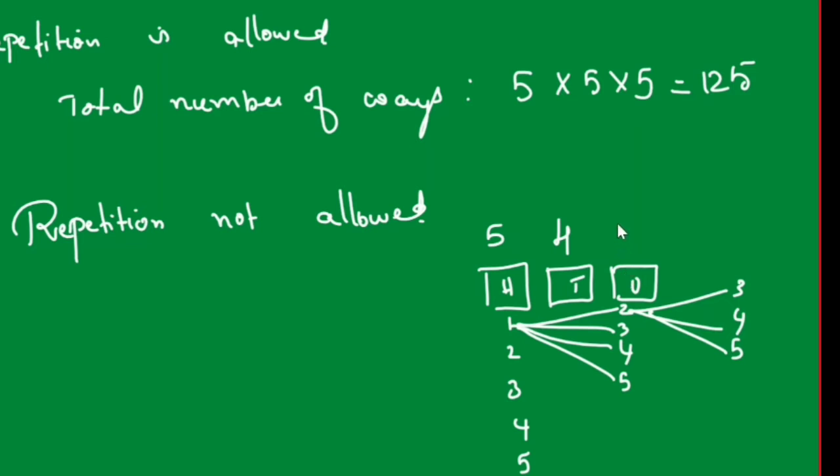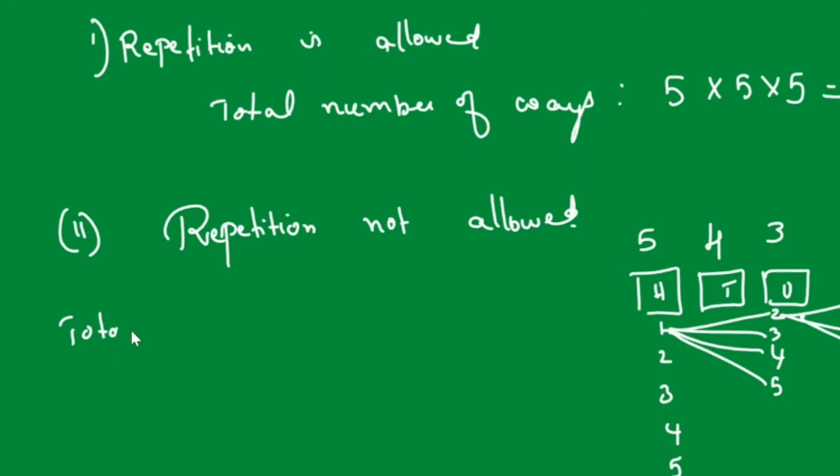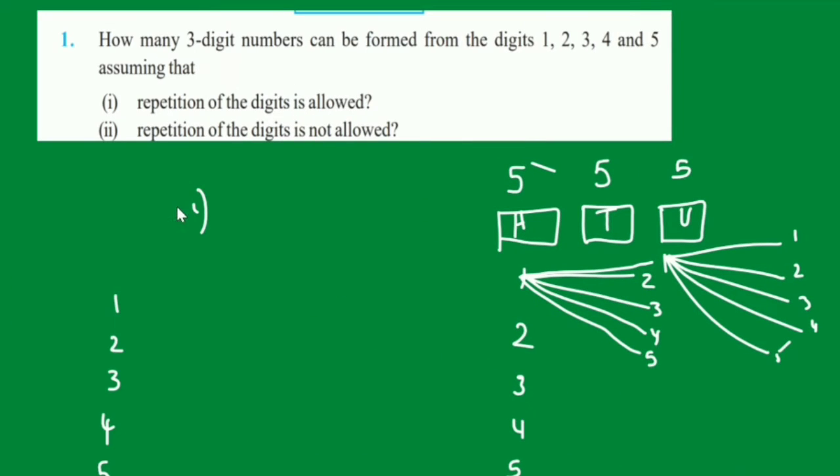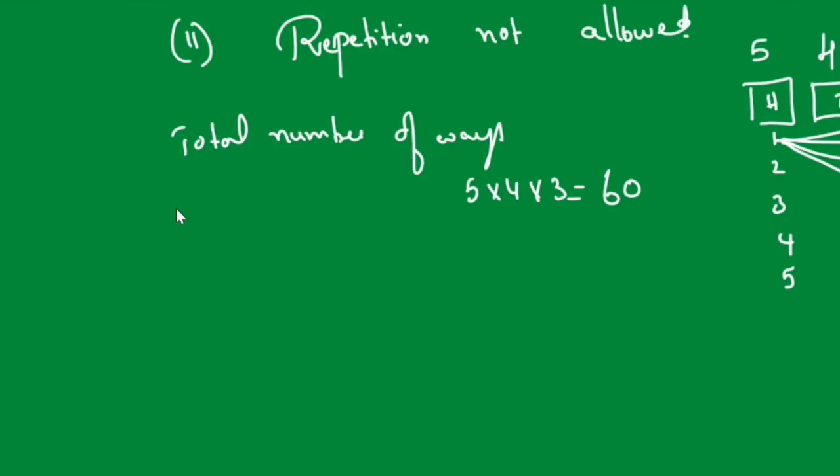So this can be filled in 3 ways. So total number of ways by the multiplication principle, it is 5 into 4 into 3, that is 60. 60 numbers can be formed. How many 3-digit numbers can be formed? So there are 60 numbers can be formed.